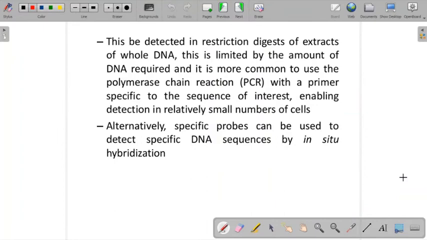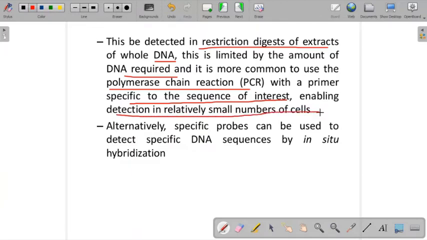So these are a few techniques. Then there is restriction digestion of the extract of whole DNA, which is limited by the amount of DNA required, and it is more common to use the polymerase chain reaction with a primer specific to the sequence of interest, enabling detection of a relatively small number of cells. Restriction digestion is another methodology, like RFLP.